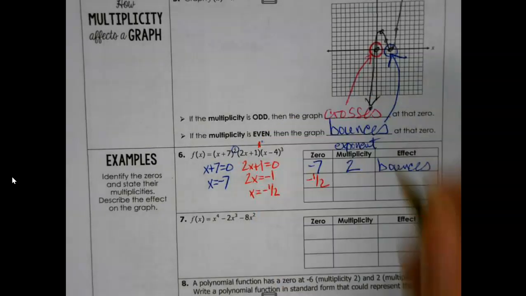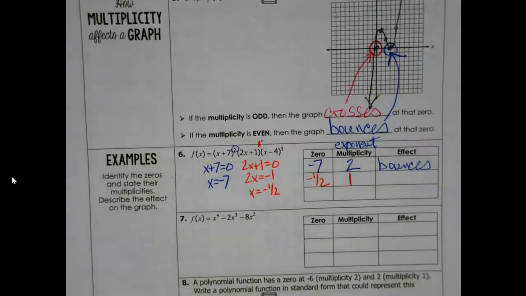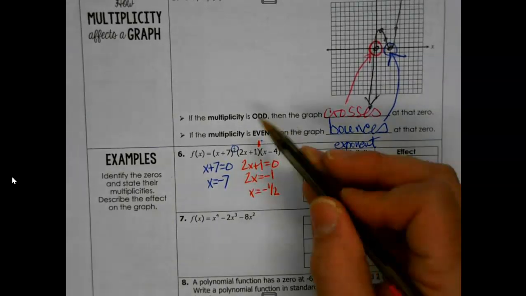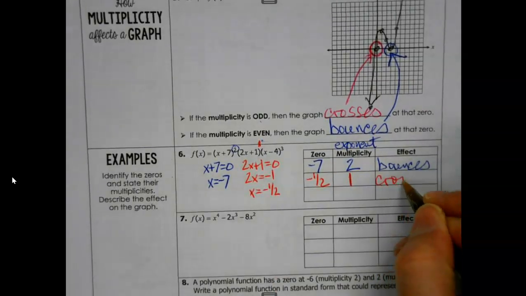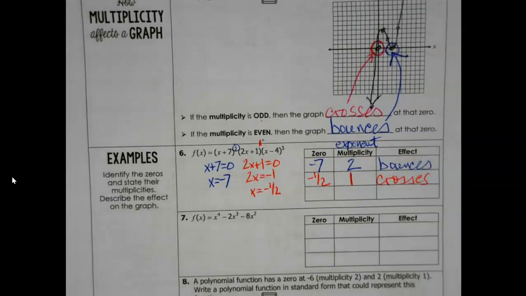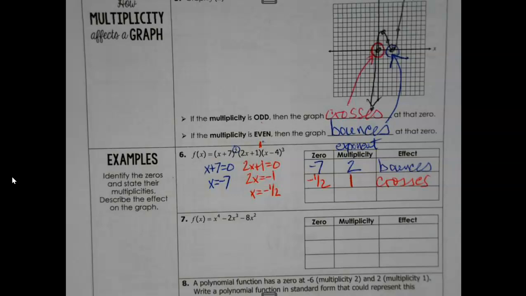If I don't see an exponent on it, we assume it's just 1. 1 is an odd number, so it crosses. Okay, those are the only two choices for a factor. There is no third choice.